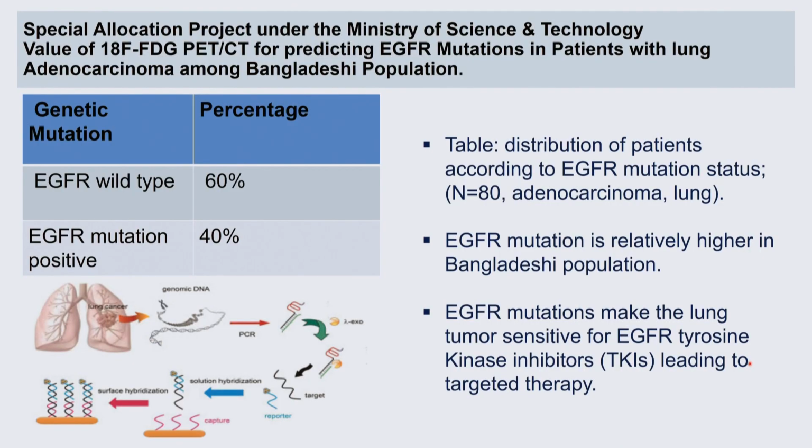In another study, EGFR positive patients were 40% of a total of 80 patients, and 60% revealed EGFR wild type. EGFR mutation is relatively higher in the Bangladeshi population, and it makes the lung tumor sensitive to EGFR tyrosine kinase inhibitor therapy.